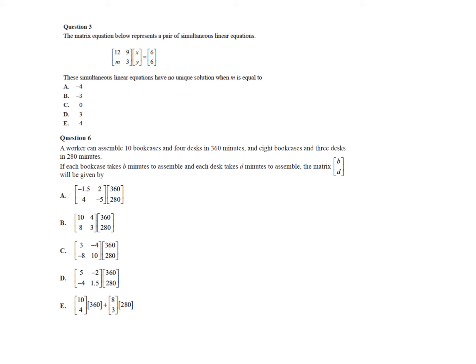Now, it says the matrix equation below represents a pair of simultaneous equations. These simultaneous linear equations have no unique solution. So what does this no unique solution mean? No unique solution actually means that the determinant equals 0, and in other words, you can't get an inverse matrix, and the equations can't be solved.